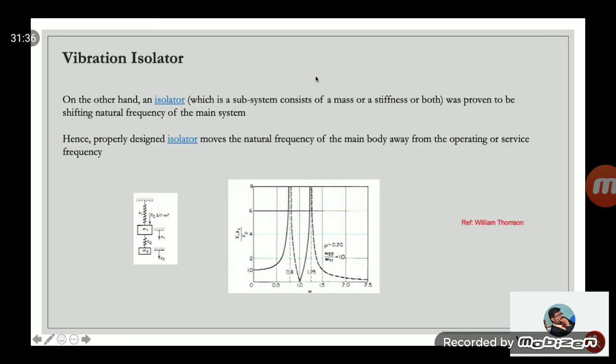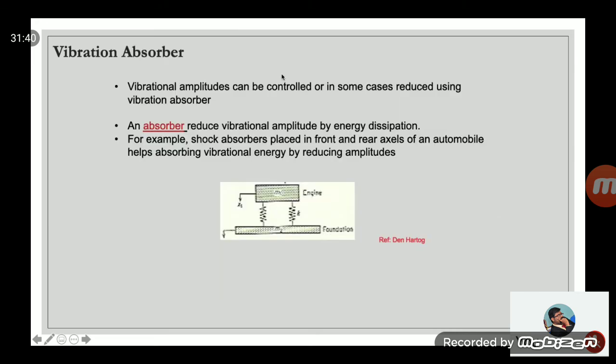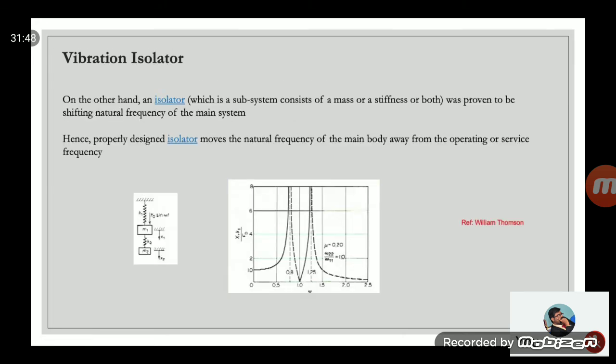Moving on to the next one, the vibration isolator. You may not be able to use this absorber all the time to reduce vibration. Sometimes it will reduce the vibration a little bit, but not to the extent that you want. So in that case, isolators are designed.